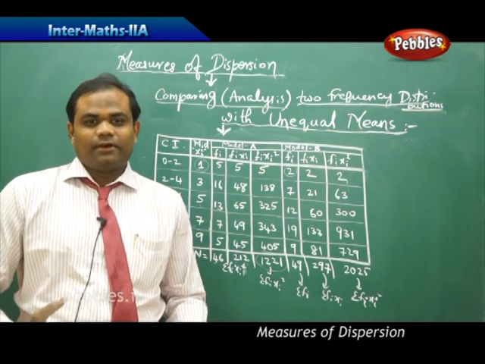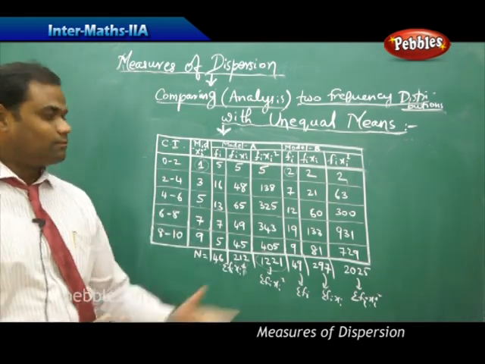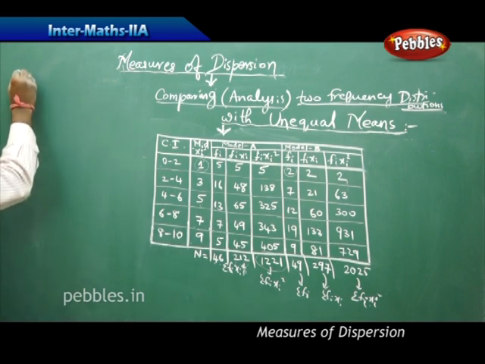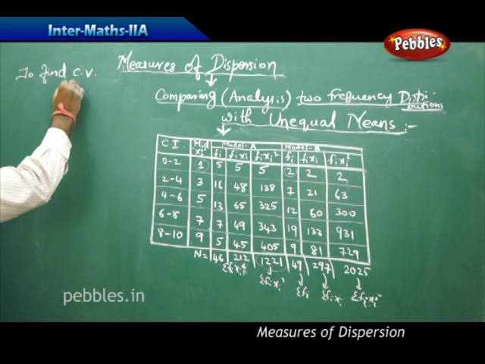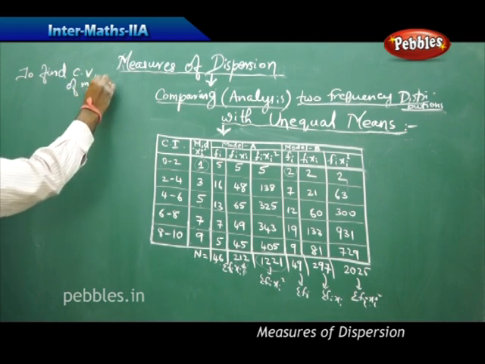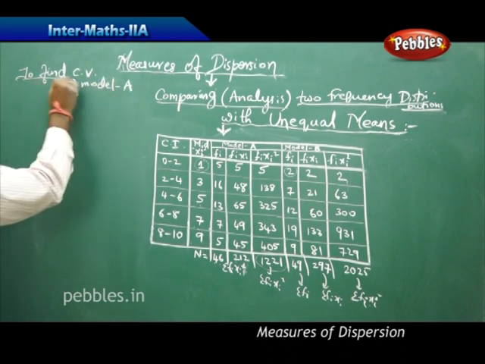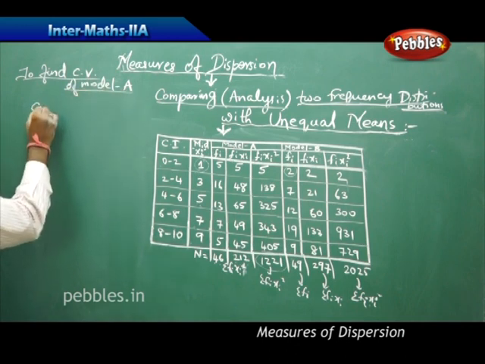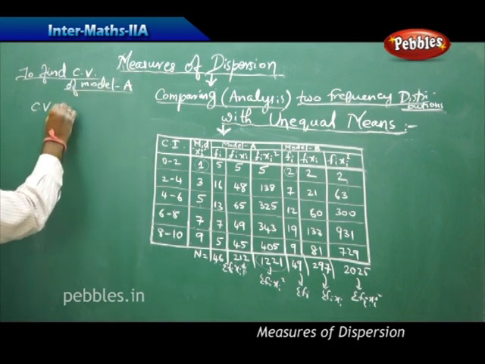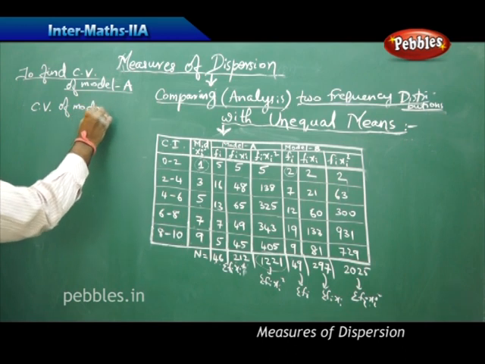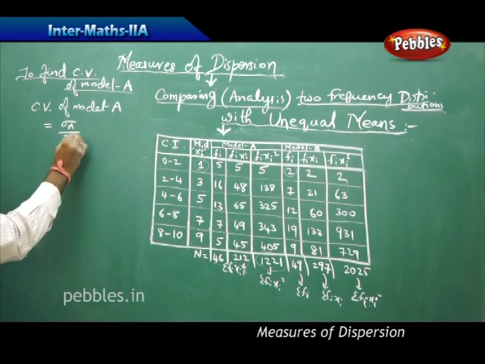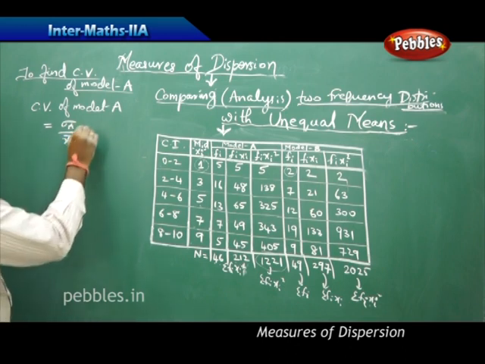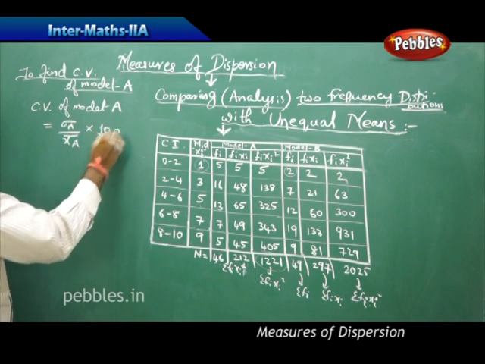Next is to find the coefficient of variation of model A. The formula says coefficient of variation of model A is sigma A by X A bar, that is the mean of model A, times 100.